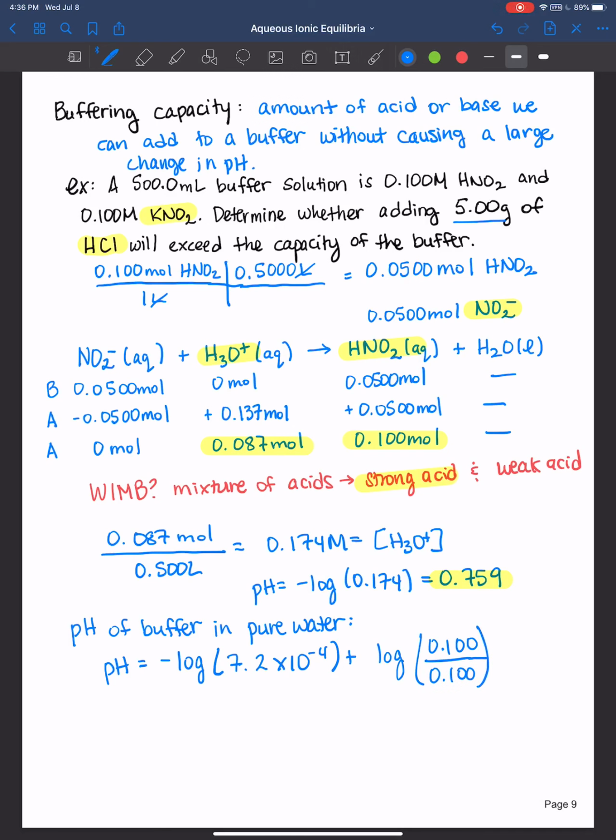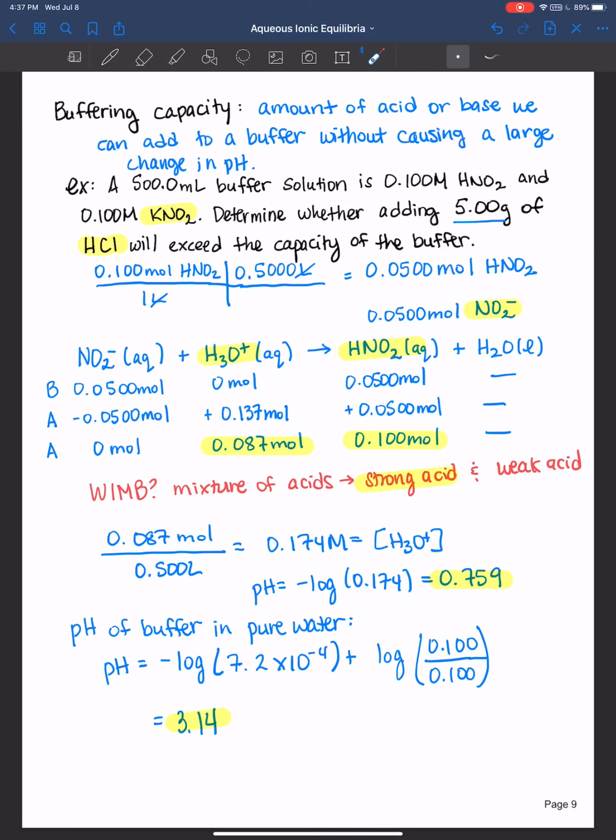Remember, this is in pure water. This is before addition. The pH of this buffer in pure water would have been 3.14. So the fact that after adding 5 grams of HCl, the pH is changed to 0.759, I would say we definitely exceeded the buffering capacity, right?